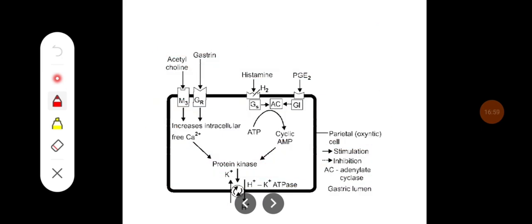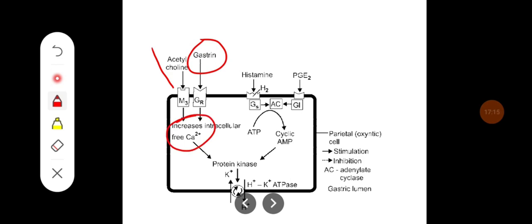So this is the molecular mechanism, how different chemicals act. Acetylcholine acts on M3 receptors. Gastrin acts on the gastrin receptors, where it increases the intracellular calcium.